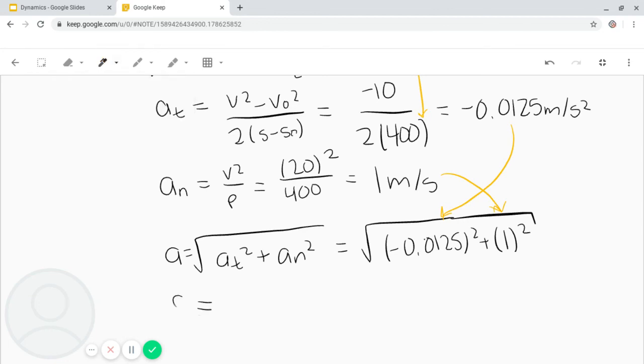So then total acceleration is just 1.0000078, which is approximately equal to just 1 meter per second squared. We can see that most of that acceleration actually comes from the normal. There isn't much tangential acceleration.